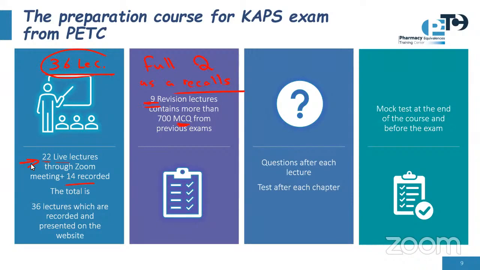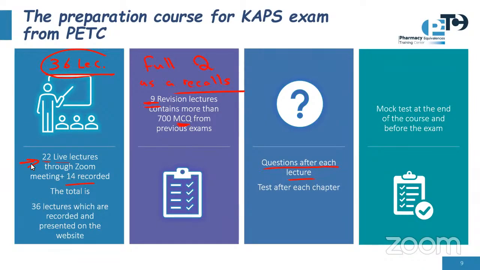Not only that, when we study each lecture, you will find questions from the previous exams after each lecture. And also when we study the lectures live, I will tell you some questions of the previous exams related to this lecture and how you can deal with them.